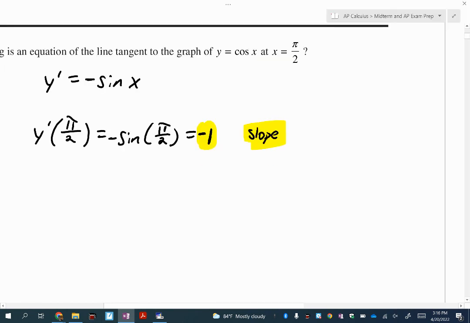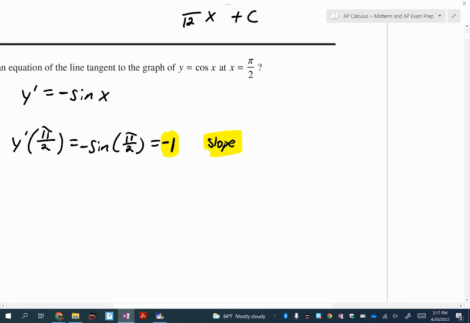So if you forgot how to do this, you take the derivative of your function, plug in the point it's giving you. That is the slope of your tangent line. Now, to find the equation for a line, we need a slope, and what else do we need? A point. Nice. So if they gave us the x value, how do I find the y value of this point?